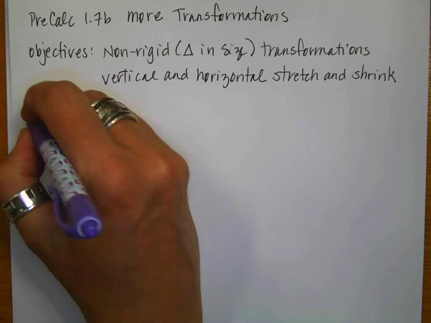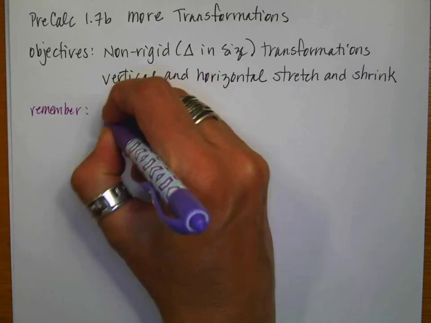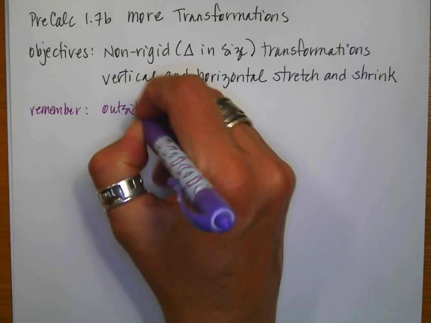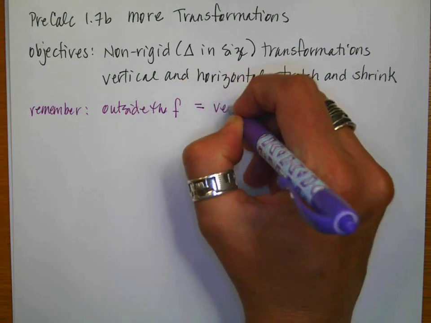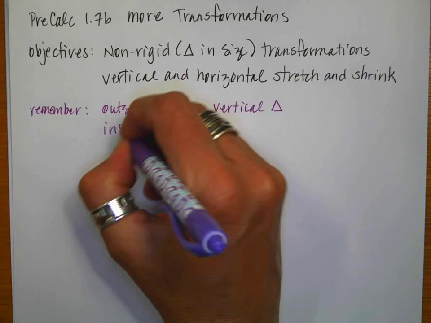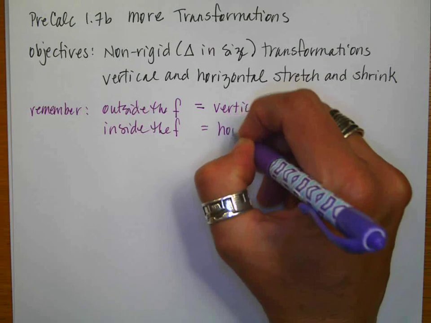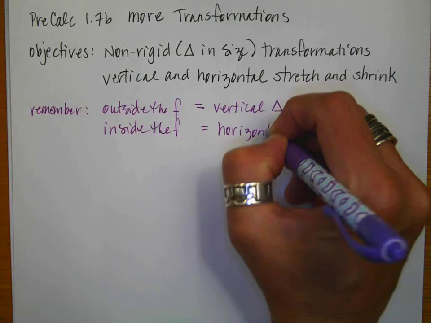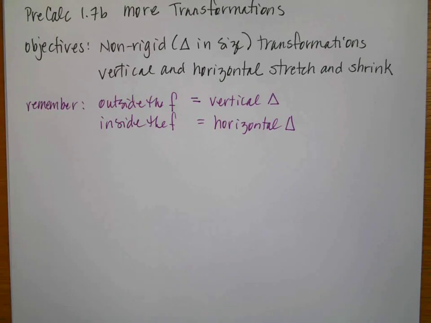All right, so from yesterday, I want you to remember that outside the function is going to be a vertical change, and inside the function is a horizontal change. Alrighty, so those are the two critical pieces that we need to remember from yesterday.